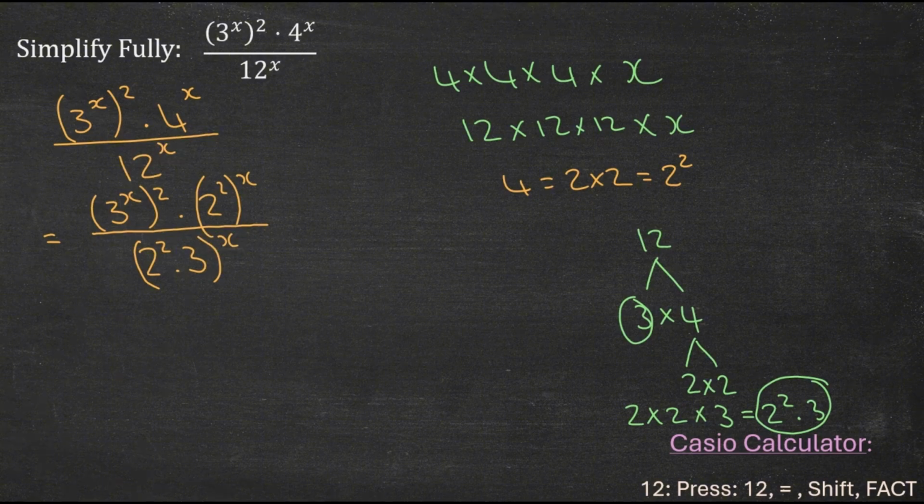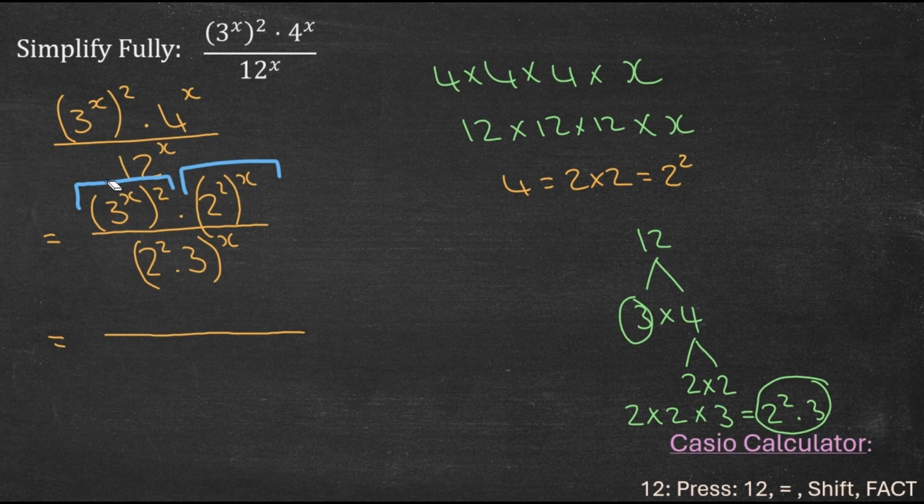Now that everything is written using prime bases, we can start applying exponent laws. Again, I know I'm still dealing with a fraction, so I'm going to draw the fraction line, and then we will deal with the numerator first. In the numerator, we have two factors, this one and this one. So let's start with the first factor. We have 3 to the power of x, all raised to the power of 2.